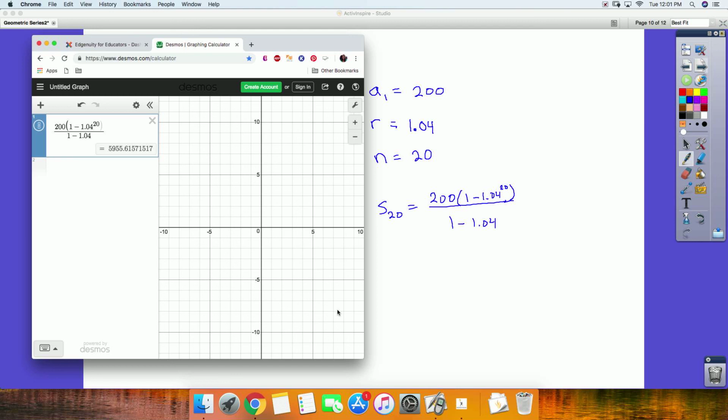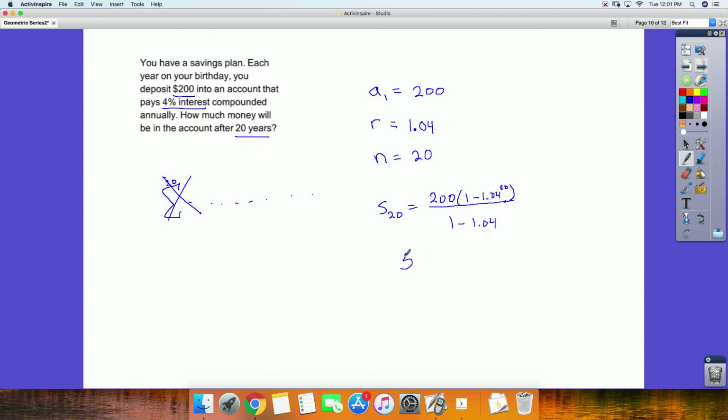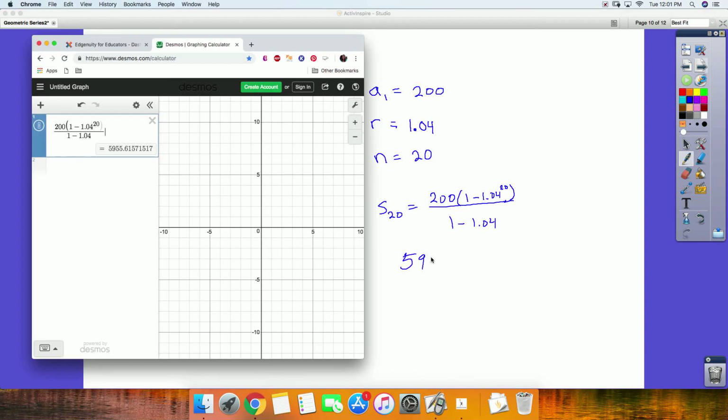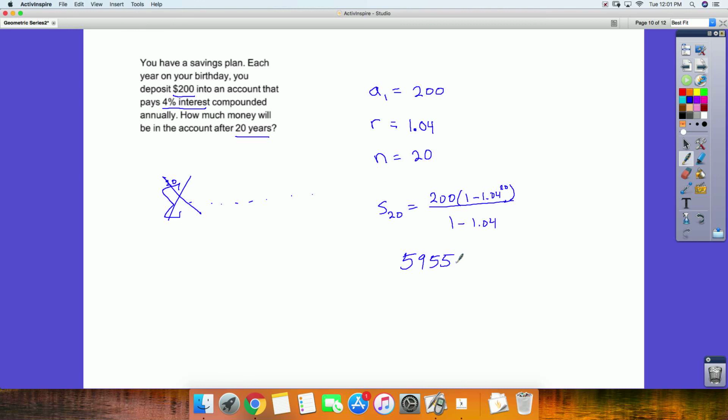And that gives us a total of 5955.62. So if that's all you're putting in every year, after 20 years, you'll have $5,955.62 in your account.